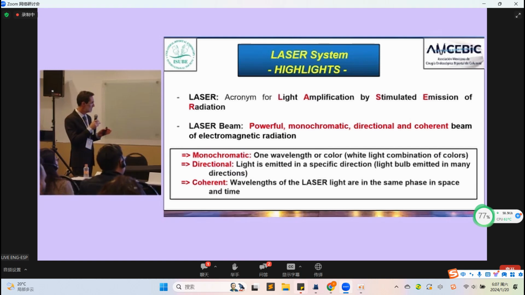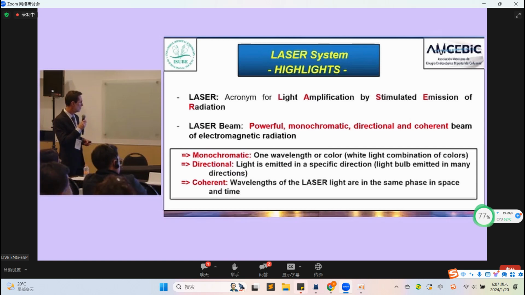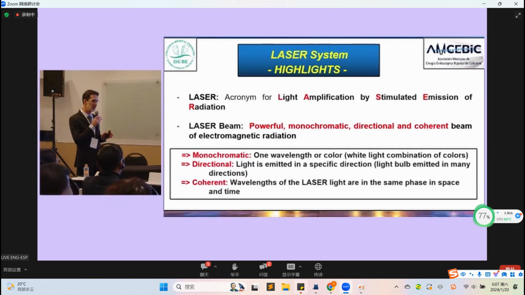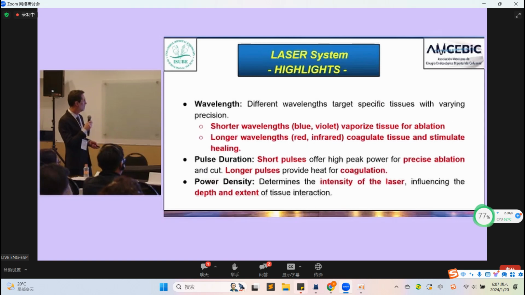Directional, meaning the light is emitted in a specific direction. And coherent, meaning the wavelengths of the laser are in the same phase in space and time. Because of this, the laser is so powerful. Why is wavelength important?